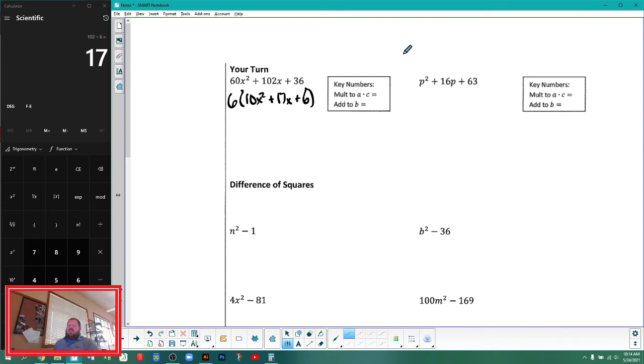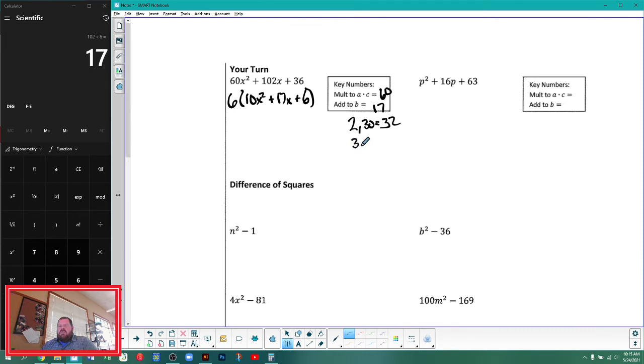So now I need two numbers that are going to multiply to give me 60 and add up to give me 17. Let's just go ahead and try some. Let's see. We have 2 and 30. It's going to add up to give me 32.